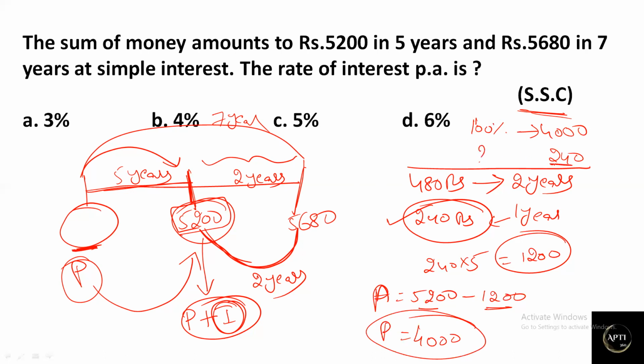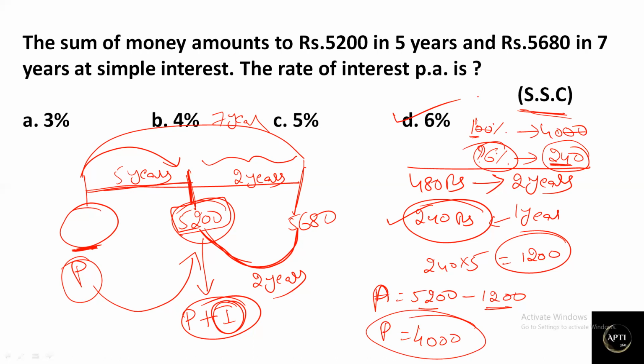Why 240? 240 is simple interest for 1 year, correct? Since 100% is 4,000, 1% is 40 rupees. If 1% is 40 rupees, how much percent is 240? 6%, correct? So 6% is 240, which means the rate of interest is 6%. So option D is correct. I hope you all are clear with this answer.